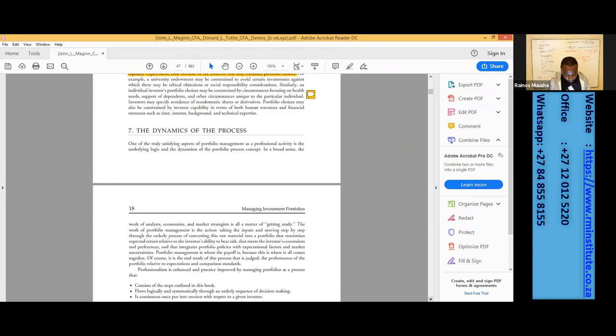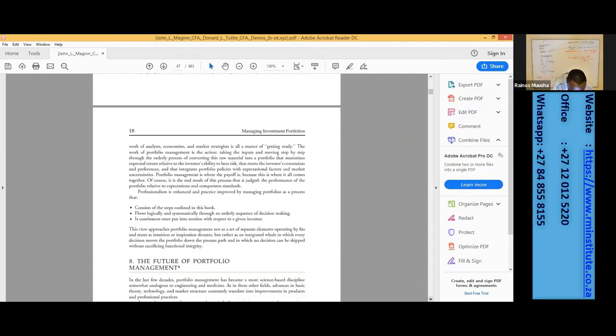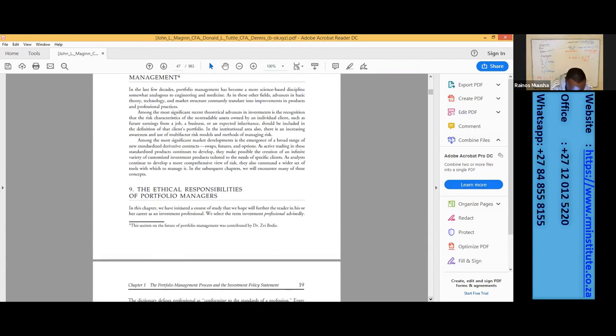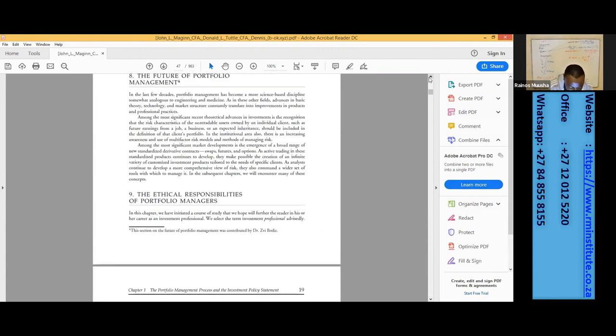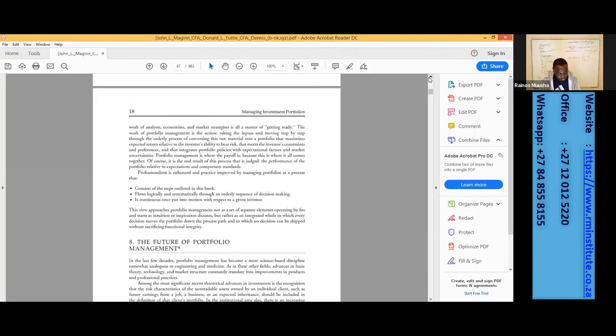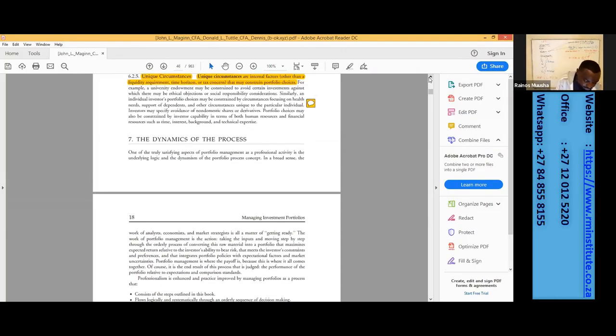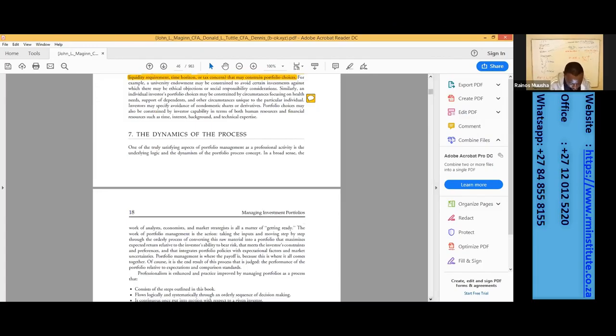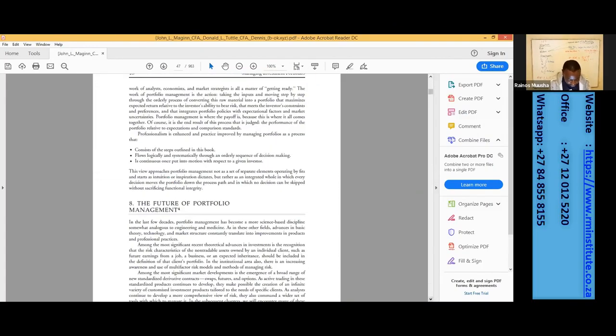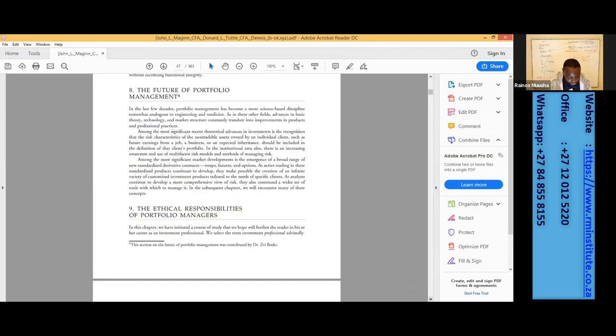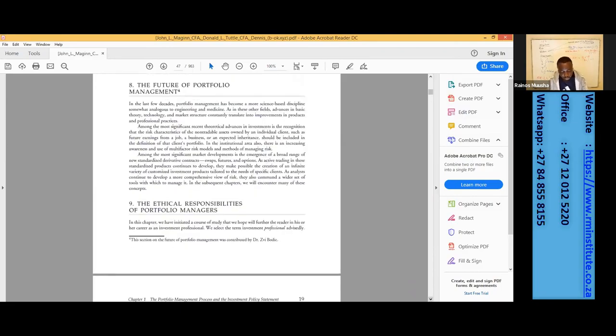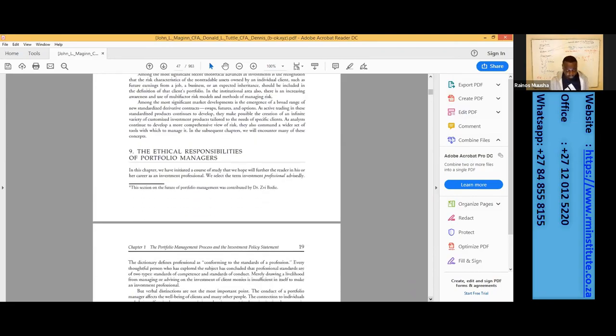So on your own, you can go through section 7, section 8, and section 9. There's nothing much that I would say would be highly examinable. For practical purposes, in practice, yes, you need to take note of these issues, like the dynamics of the process, the future of portfolio management, and also the ethical responsibility of portfolio managers, which I'm going to highlight a little bit after this.